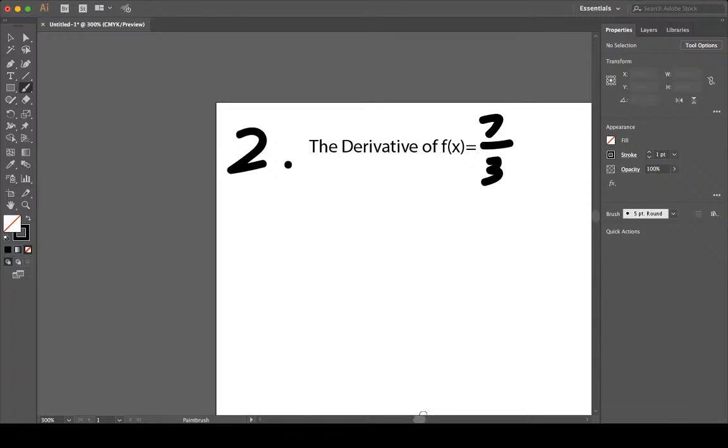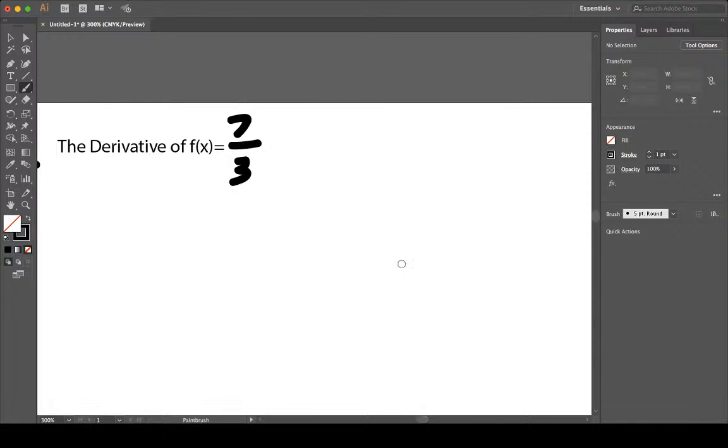Let me select this a little bit. There we go. 7 over 3x multiplied by the seventh root of x to the power 5. Unfortunately, I cannot write properly.